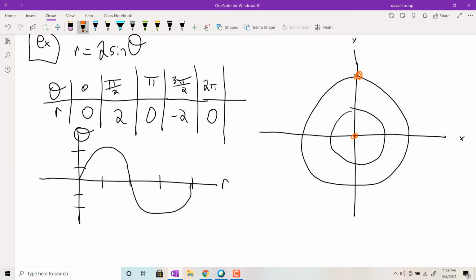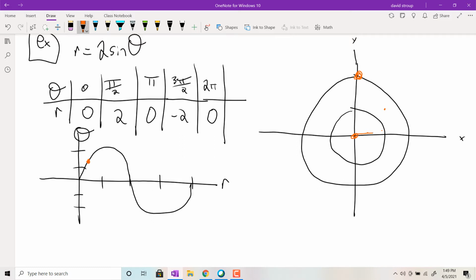So you don't really get the full picture with the chart. You may need some extra values. Pi/4 is like 1.5-ish, so it would be in here, and then it would be less and less as it gets closer to 0.